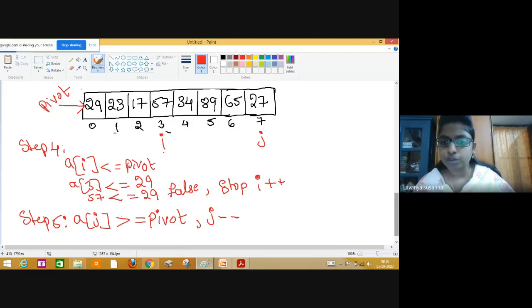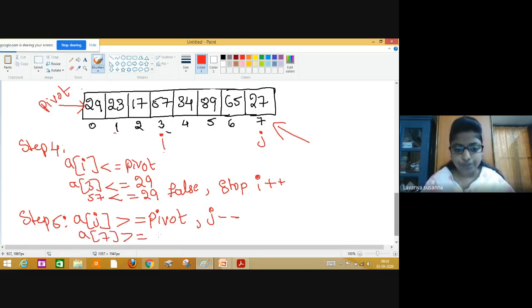If you want to move J towards the left, it must be greater than the pivot. A of J means, what is J? J value is 7. A of 7 greater than or equal to pivot 29.